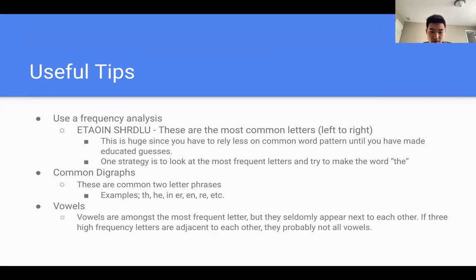Common digraphs, it's a little bit harder to work in, but in most cases you're going to use this with TH. So say you see an A-B-C-A pattern, where you don't know that it's a 4-letter word in this case because it's a patristocrat, right? But you have 4 adjacent letters and the first and the 4th letter match up.